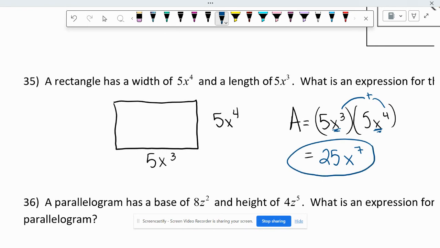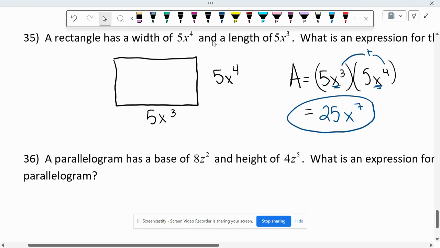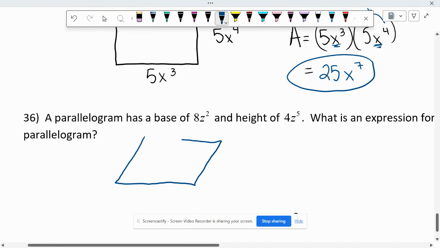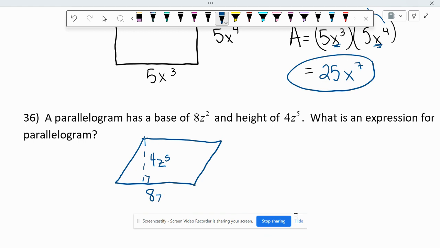Okay. Our last one is a parallelogram, and I don't feel like we've spent a lot of time doing area of a parallelogram. So I'm going to draw a picture and label it so you can see where that height and base measure live in a parallelogram. So here's my parallelogram. This is my height, 4z to the 5th power. And my base is this 8z squared. The area of a parallelogram is just the base times the height.